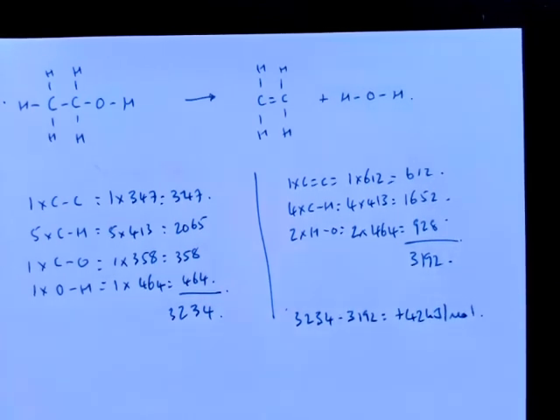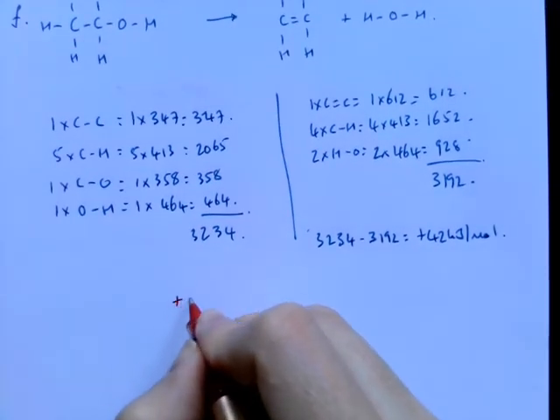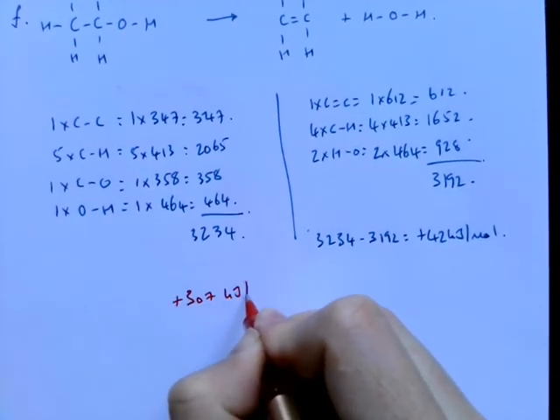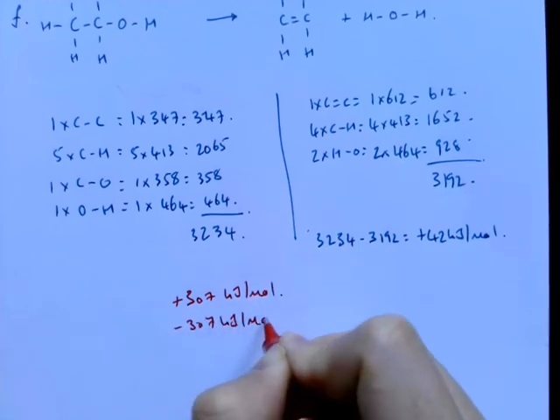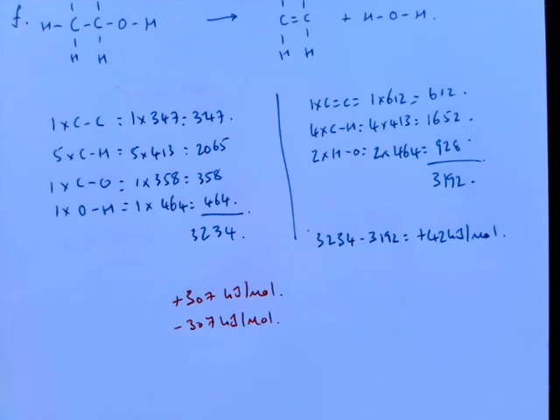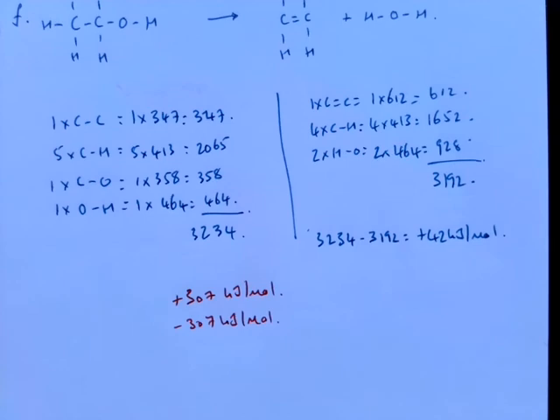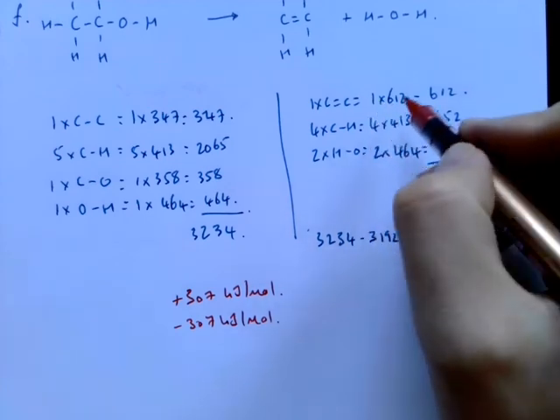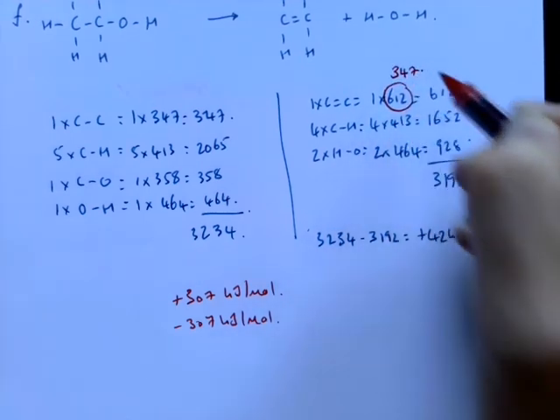Endothermic. Absorbs energy from the surroundings. Now, there were 2 common mistakes for this one. There was plus 307 kilojoules per mole and minus 307 kilojoules per mole. Okay, now hopefully you didn't just guess these if you chose these ones. You didn't think, oh, well, I don't like the look of that number, so I'm going to choose one of these numbers. Hopefully that wasn't you. The mistake you would have made here is, again, instead of 612, you used 347.